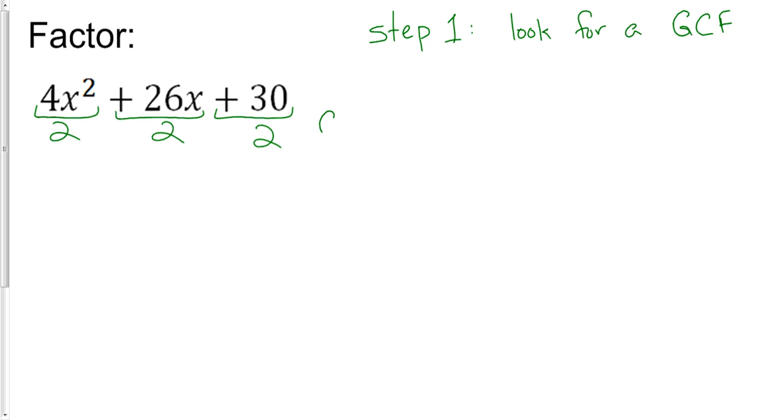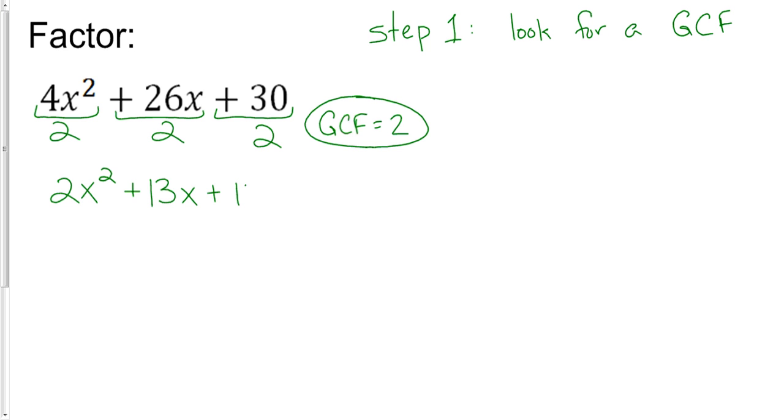So I have, in this case, a GCF of 2. So I would divide everything by 2, and my new trinomial is 2x squared plus 13x plus 15. This GCF is my first factor. So at the very end, when I write my answer, I can't forget about that GCF. So that's got to be step 1.